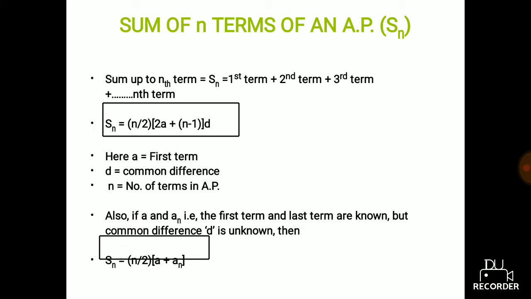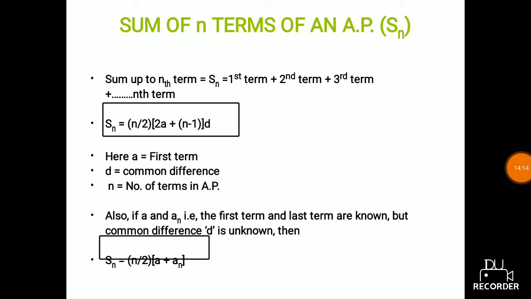So the formula is Sn is equal to n by 2 bracket 2a plus n minus 1 bracket close into d. Here a is our first term, d is the common difference, and n is the number of terms in the AP.